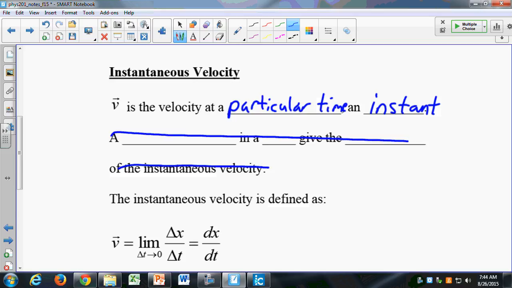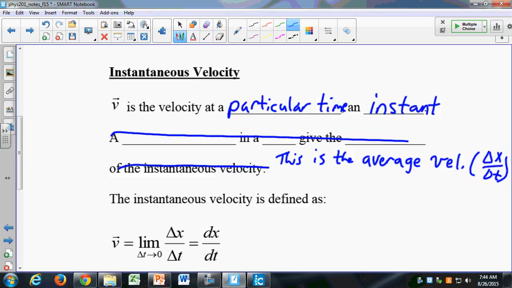It's just the average velocity. Remember our average velocity we defined as delta x over delta t, but with delta t, instead of being an interval of time, we're going to let delta t collapse down to an instant of time.